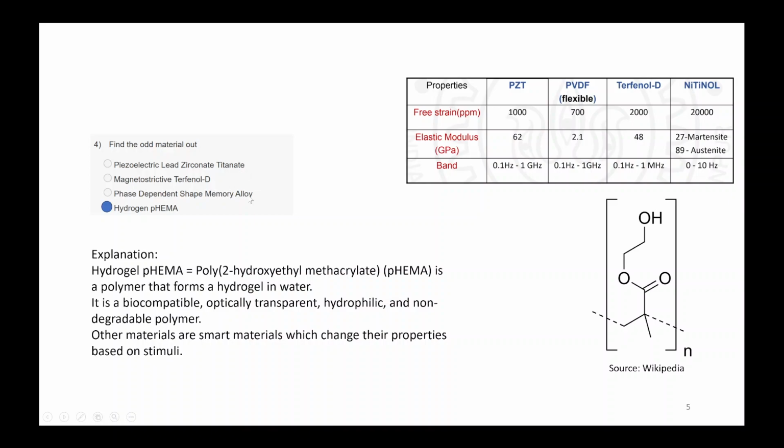So these can all be used in making actuators and sensors, while this cannot. The properties of the other materials, PZT, PVDF, Terfenol-D and nitinol, are all given here. Based on change in stimuli, these are the strains that we see in these materials. And this is the structure of your hydrogel.